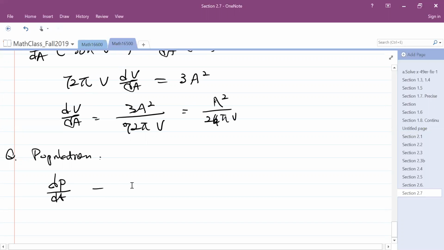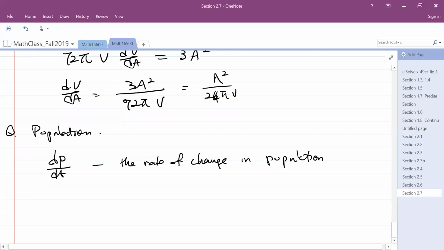So this is the rate of change in population. Population is denoted by p. It's a function of t. It depends on time t.